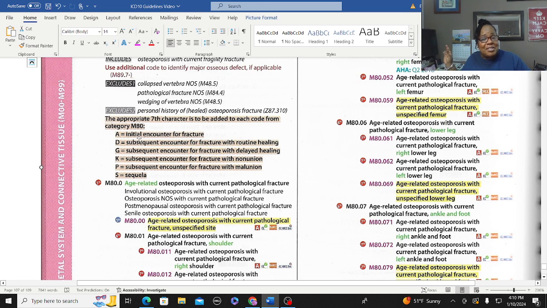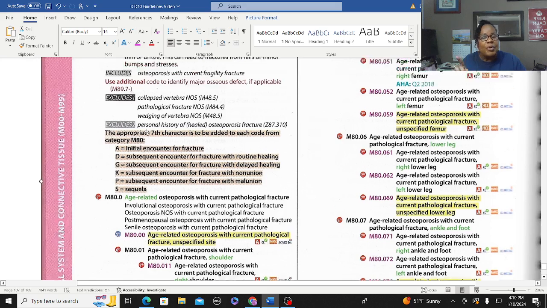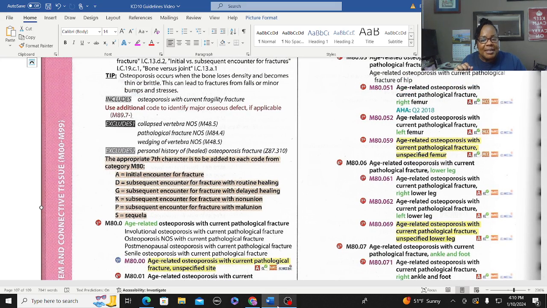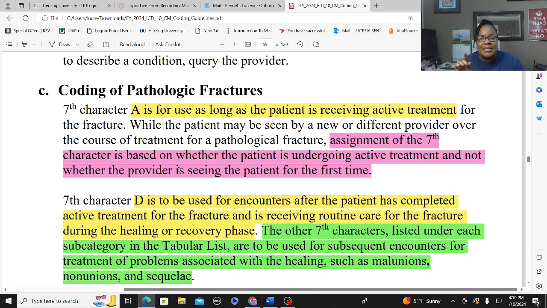In E&M, when you think of initial in CPT, you think of first visit. When you think of subsequent, you think of the next day or the day after. But that rule does not apply when it comes to fractures. Because again, your outline says the seventh character A is for use as long as the patient is receiving active treatment for the fracture.